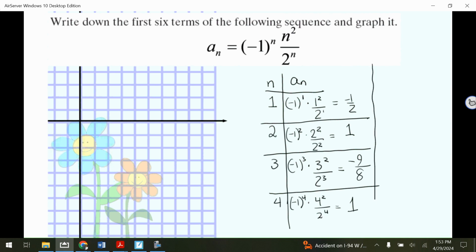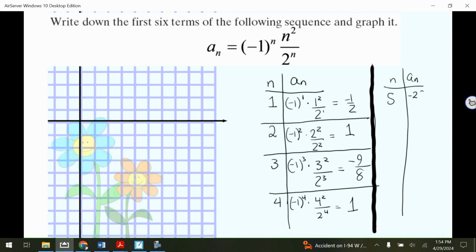Okay. I'm going to continue over here. So continuing, if n equals 5, I get -25/32. And n equals 6, we're flipping back to positive.